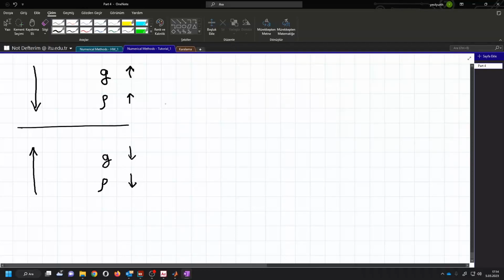But here, if I'm going upward, my gravitational force will be in negative direction, and my aerodynamic resistance will also be in negative direction, which means their directions are the same.